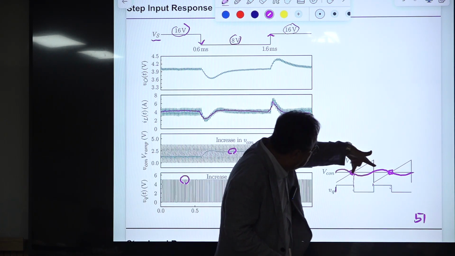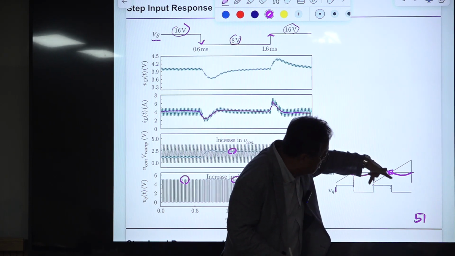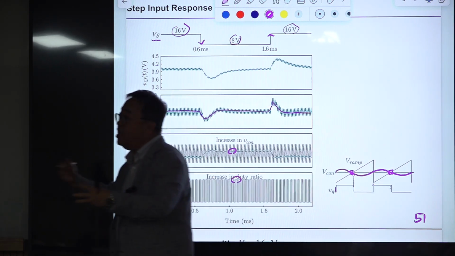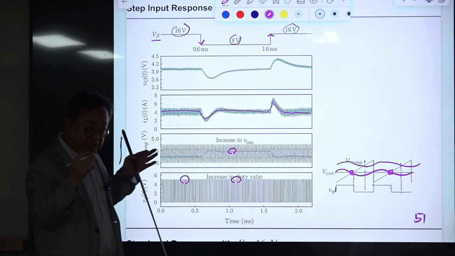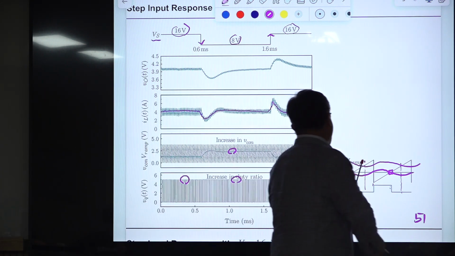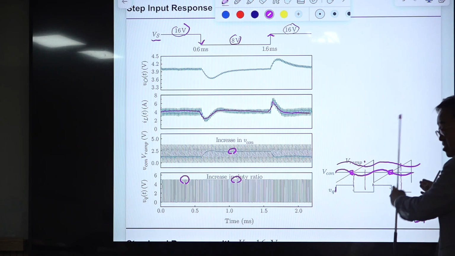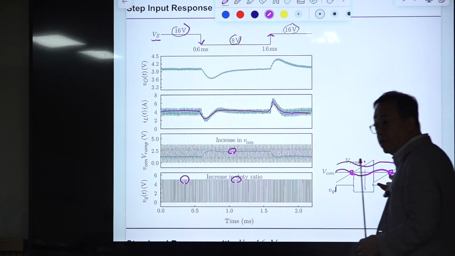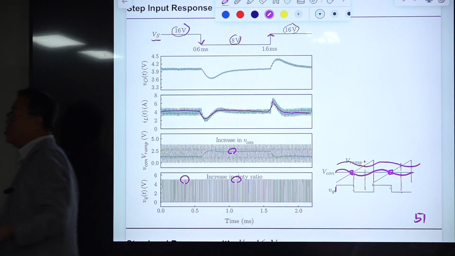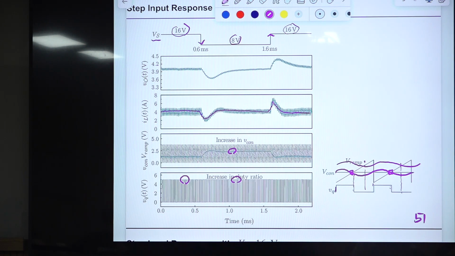Because of that, the duty ratio is the same all the time. If you increase this control voltage, then it may be something similar to this. Then again, this instant is the same. There is just some ripple component. The ripple component itself is periodic, and this point occurs at the same moment, so the duty ratio remains the same. So you don't have to worry about the ripple component in the control voltage.